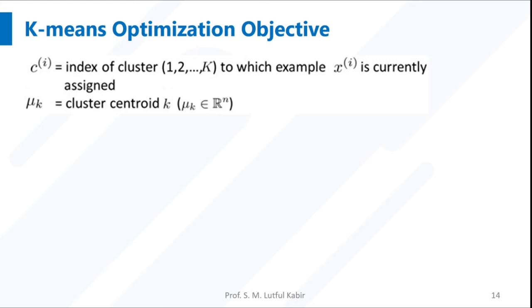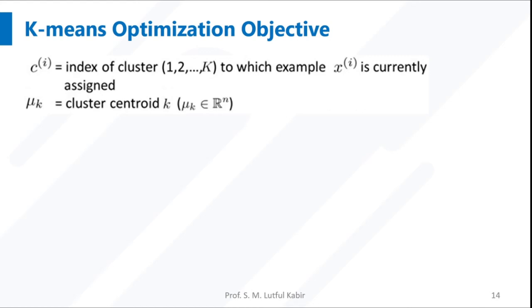Similarly, mu k is the cluster centroid k. If you have a capital K number of clusters, then each and every cluster has got a centroid and that is denoted by mu k.